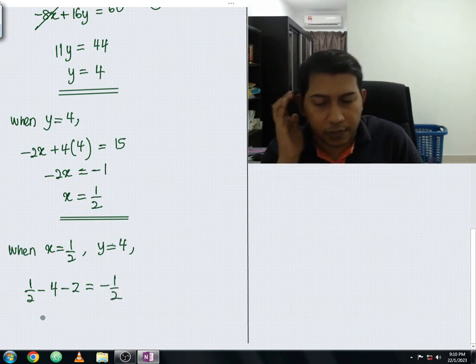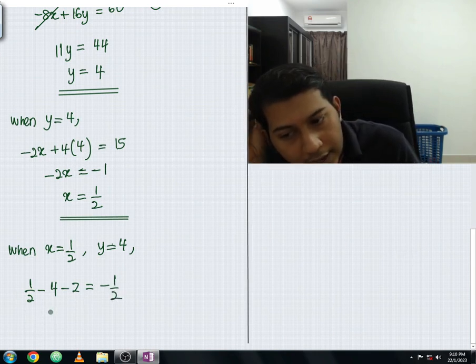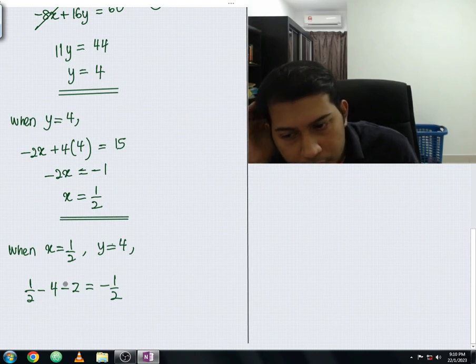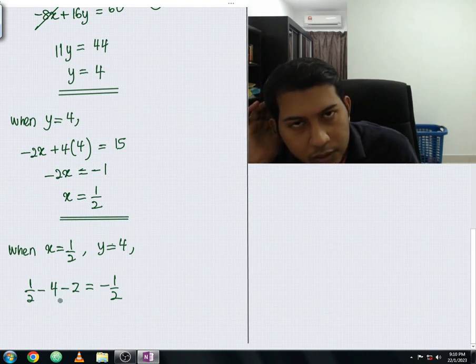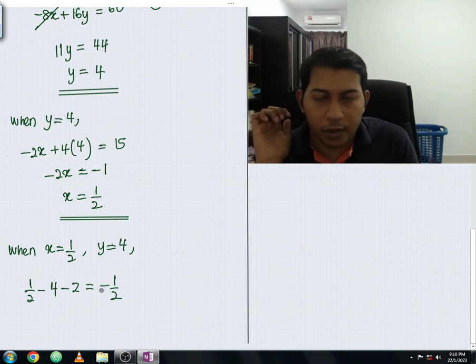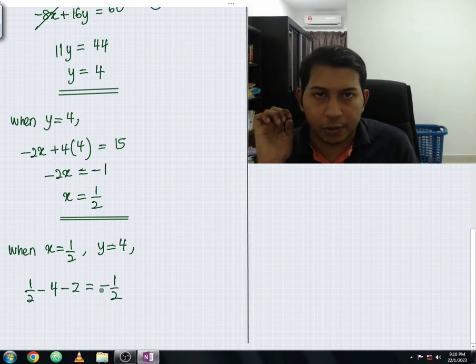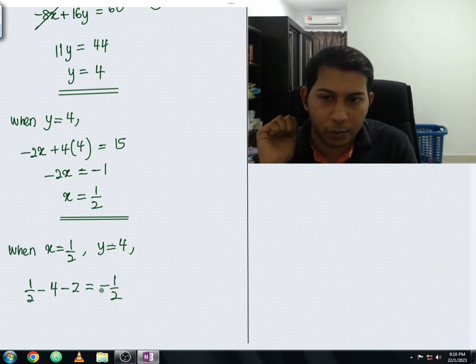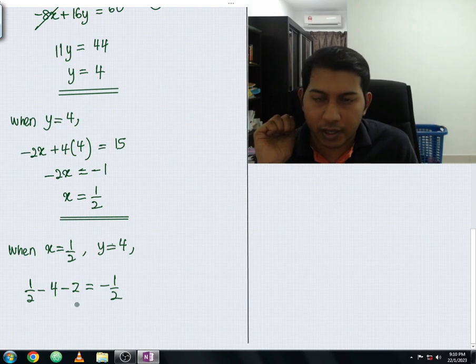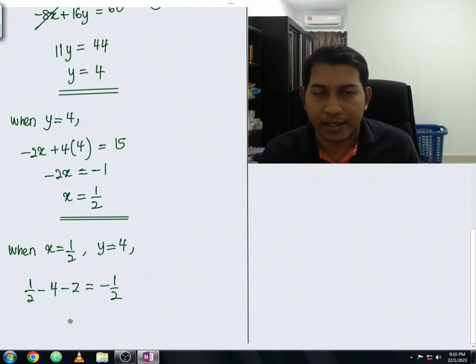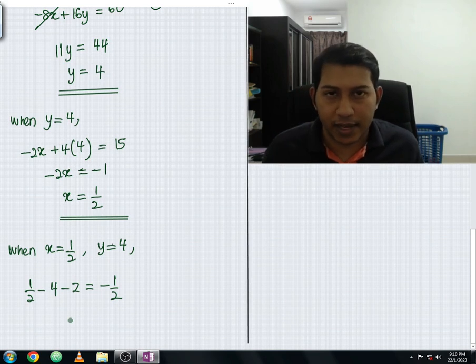Half minus 4, from here you get -7 over 2. So this -1 over 2, you move it over to the left hand side. -7 over 2 plus 1 over 2, you get -6 over 2. This z from the left hand side, you move it over to the right hand side. So z will be equal to -6 over 2. So from here you get z equals -3.